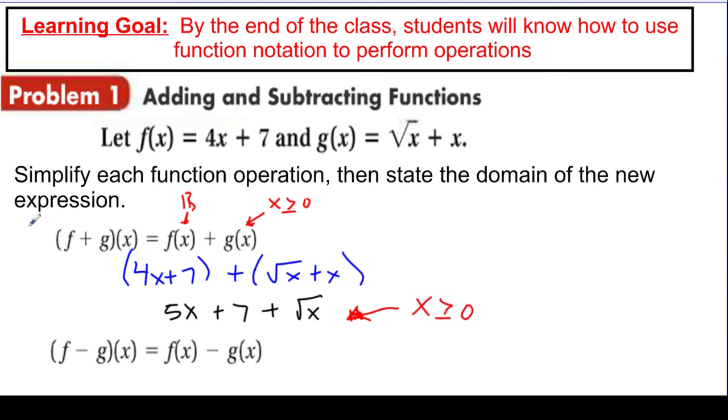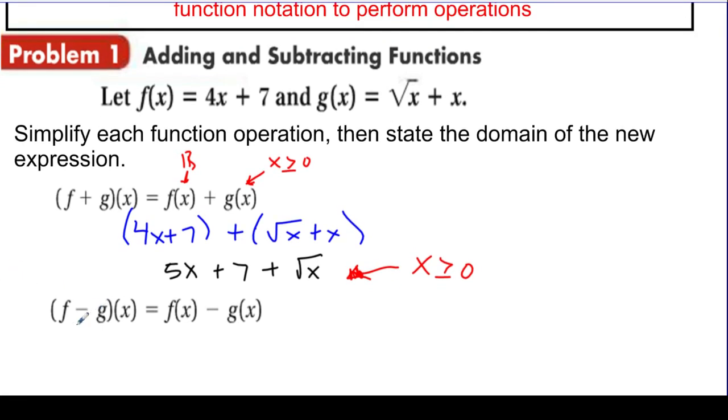We're going to say x has to be greater than or equal to 0 for my new expression. The exact same thing happens for f minus g. It's 4x plus 7 minus the square root of x plus x. I just have to be careful when I'm subtracting. 4x minus x is 3x plus 7, minus the square root of x.